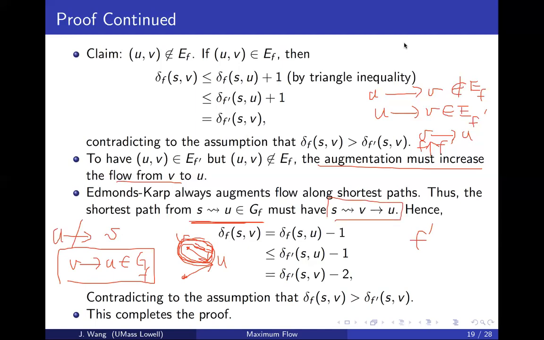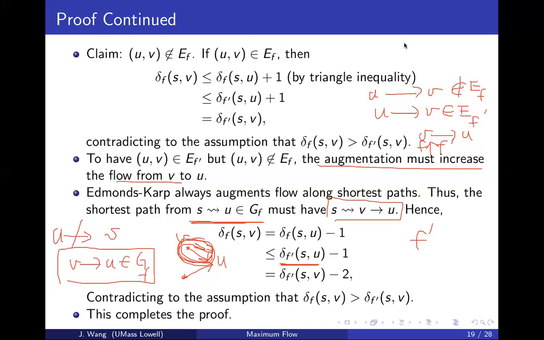So that means on this path, S will go to V and then go to U. Then we can compute the distance from S to V: delta F SV is equal to delta F SU minus 1, right? But by assumption, delta F SU is less than or equal to delta F prime SU.